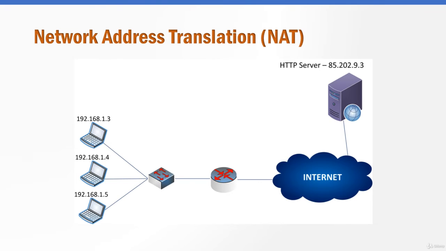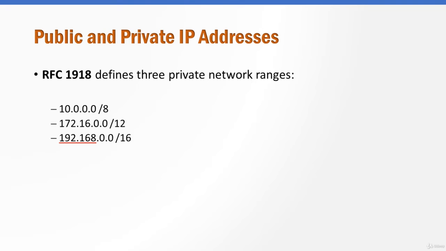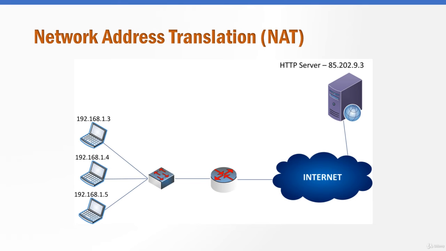The reason we need to do this is that there are not enough public IP addresses out there for all of us to have one public IP address per device or per person. So we have to use private IP addresses in order to save public IP addresses, and then we use public IP addresses.